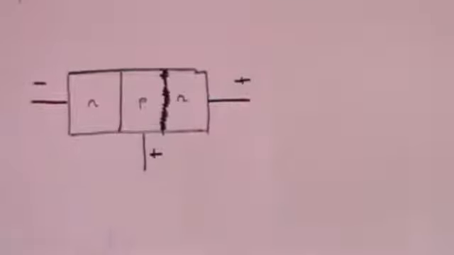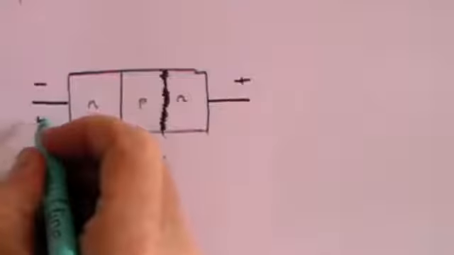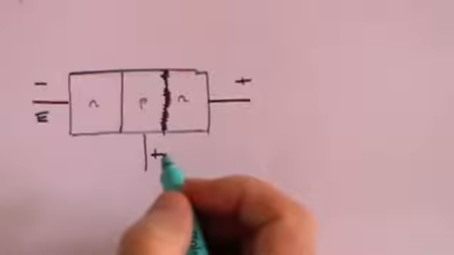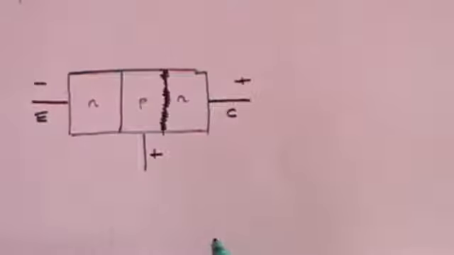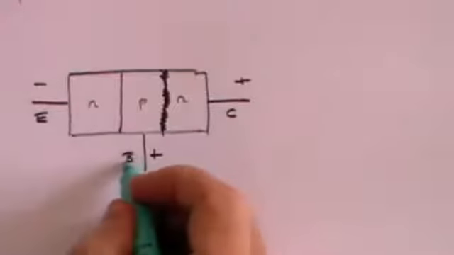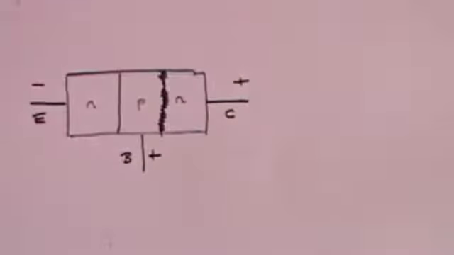transistor switch. We call this part of the transistor the emitter, because that's where essentially the electrons are emitted from. We call this part the collector, because it collects the electrons, if you like. And we call this part the base. Sometimes it's called the gate.